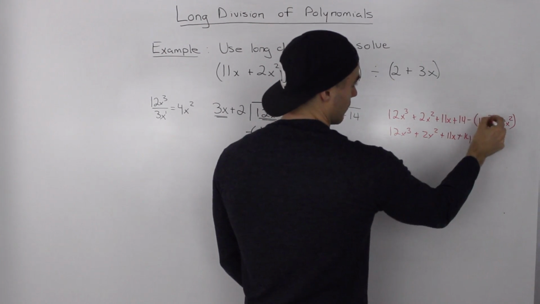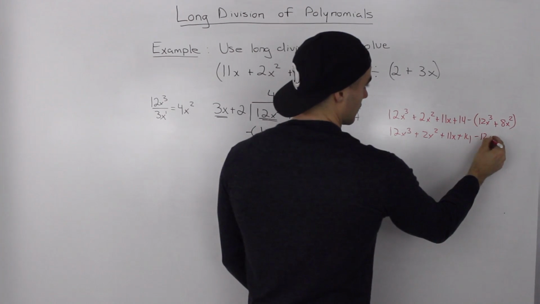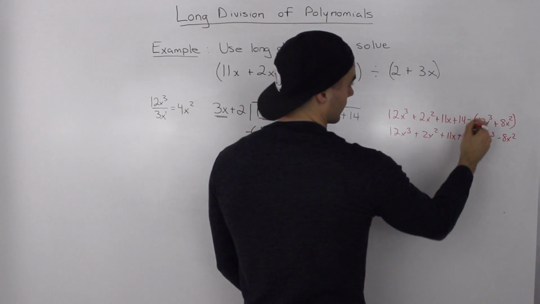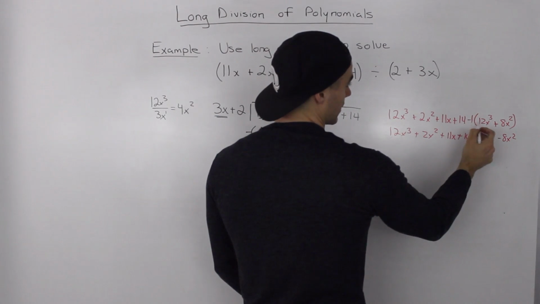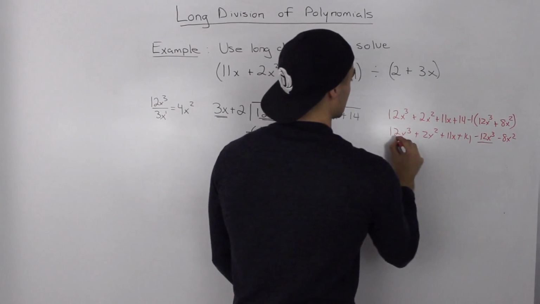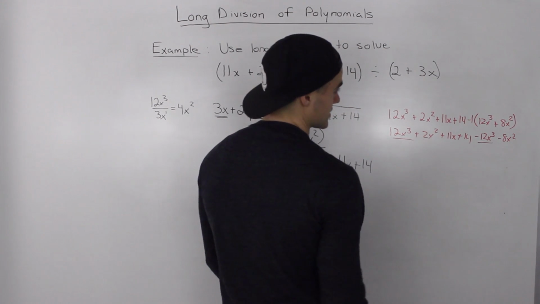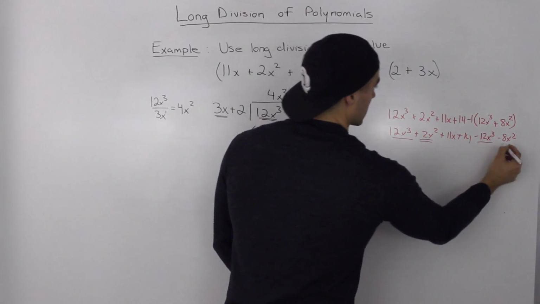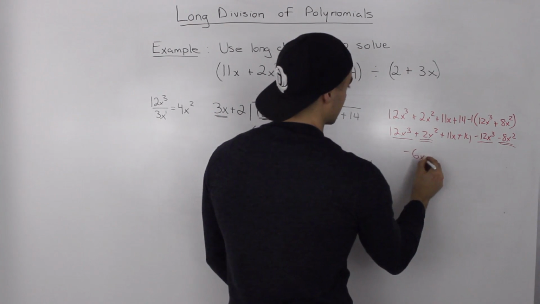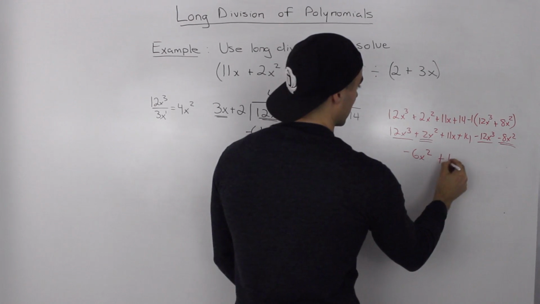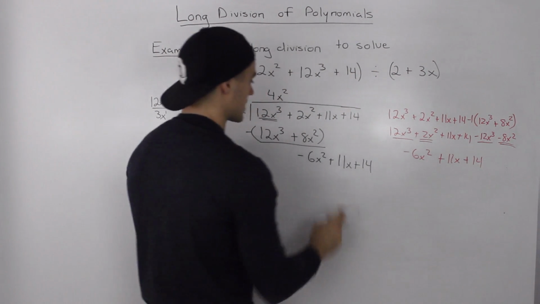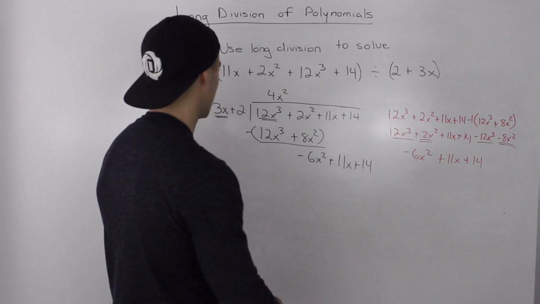So this negative 1 we distribute inside, so that becomes 12x cubed and then negative 8x squared. Right? There's like a negative 1 in front, and I multiplied it by the 12x cubed and the 8x squared. So the 12x cubed, those net out to 0. 2x squared and negative 8x squared, those are like terms, so that ends up being negative 6x squared, and then we rewrite the 11x plus 14 as is. So this result is the same as over here.